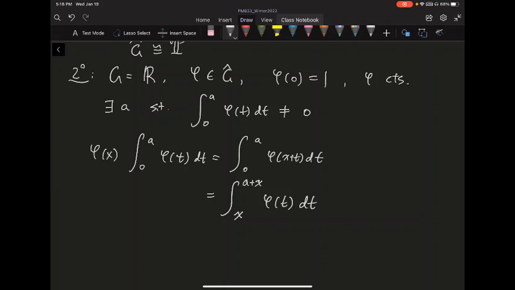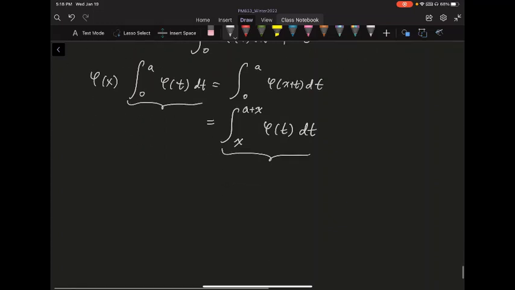Now you show that phi of x, when you multiply by some non-zero constant, equals an integral of this form. You can observe by the fundamental theorem of calculus, you're integrating some continuous function, and the upper and lower bounds are continuous in x. So your phi is going to be differentiable.